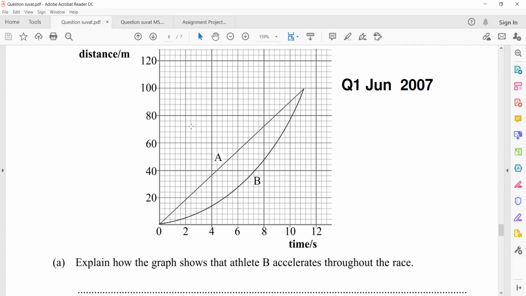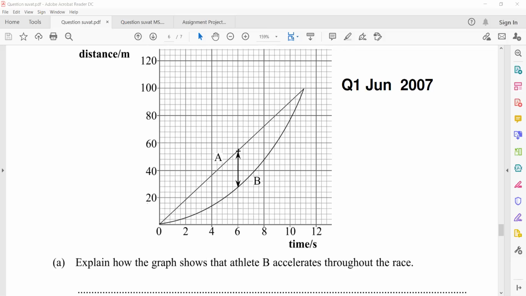As you can see, this is a distance time graph, so at which position do we have the greatest gap between the two graph lines? You can see in this region we have the maximum gap or distance between the two. So that will be the maximum distance between the two.